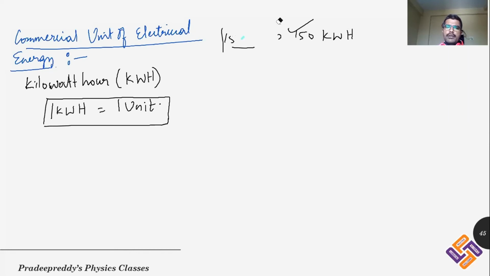Depending on how many units you consume, you need to pay the electric bill. 1 unit will be approximately charged at 2.5 rupees to 4.5 rupees, or for commercial units it can be 7, 8, or 12 rupees. Now, 1 kilowatt hour is numerically written as... What is kilo? Kilo is 10 power 3.